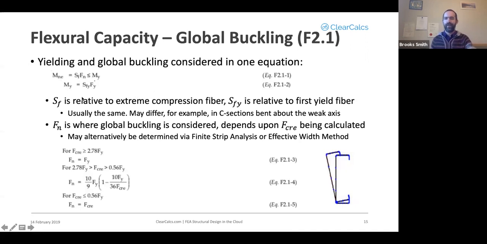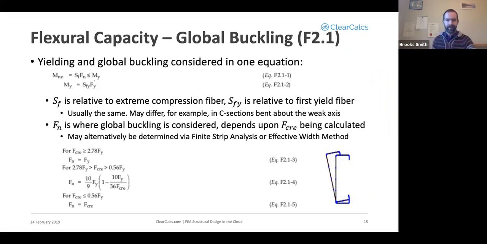Now, SF and SFY are both elastic moduli. Usually they're going to be the same thing, but they are different variables for a reason. SF is your elastic bending modulus relative to the extreme compression fiber. SFY is relative to the first yield fiber. Usually those are going to be the same thing.